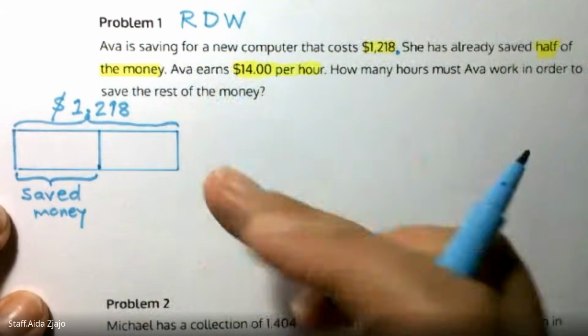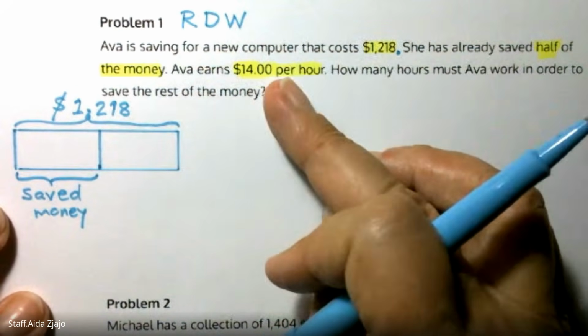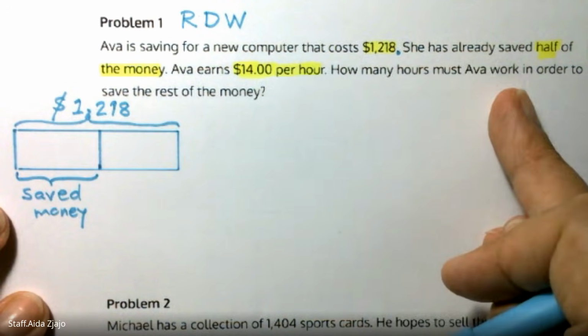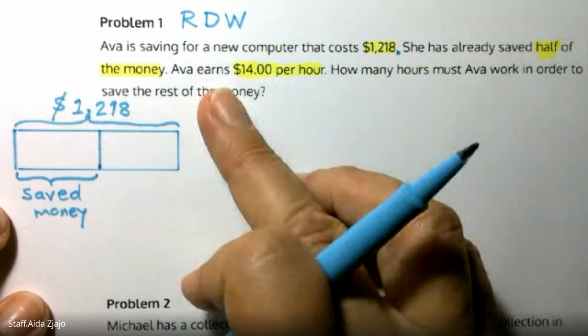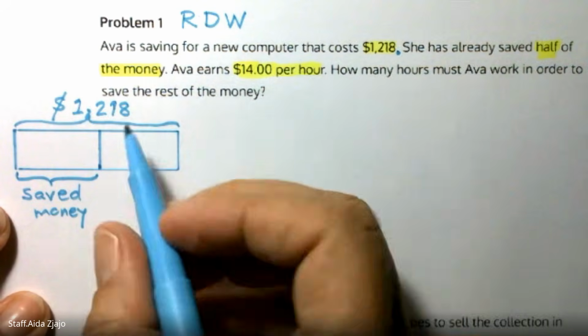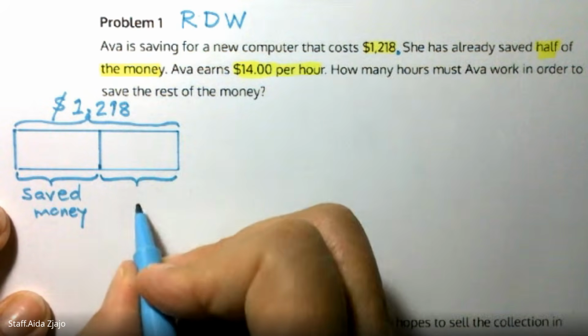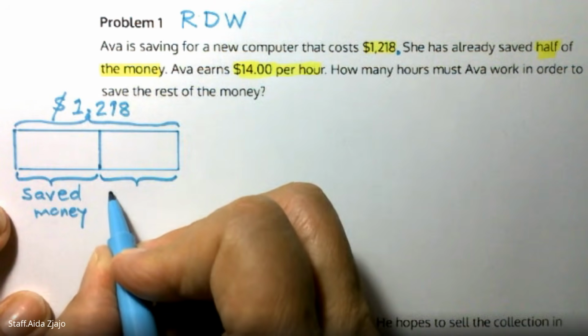Then they say that Ava earns $14 per hour. How many hours must Ava work in order to save the rest of the money? So this is the rest of the money that she needs to save.